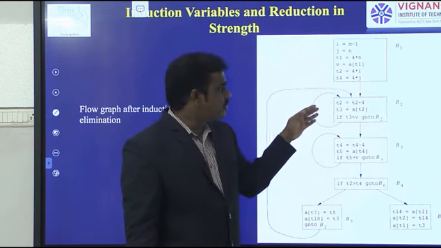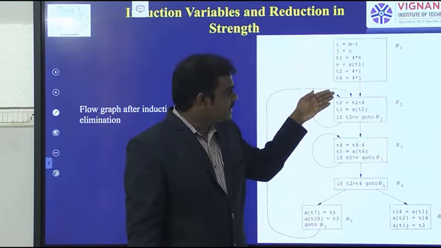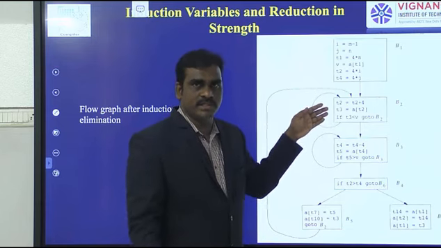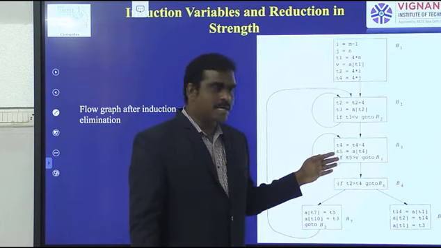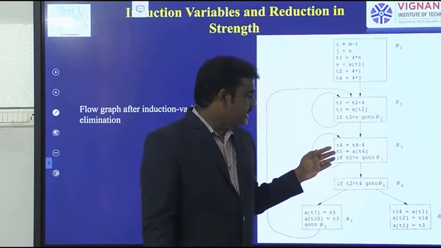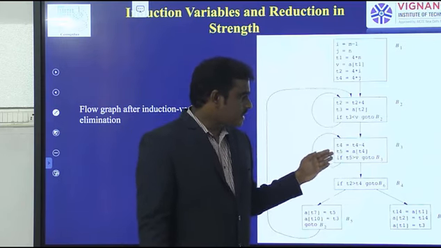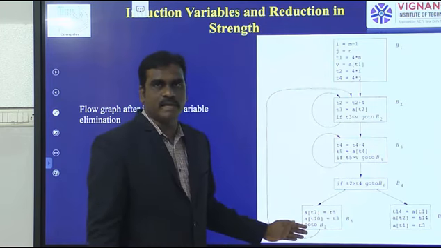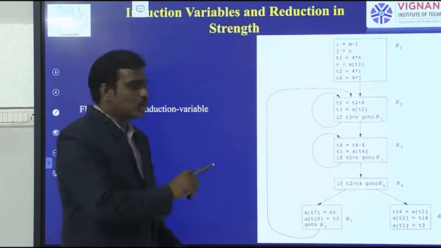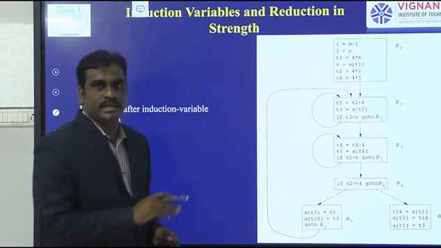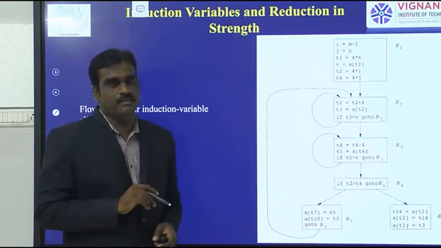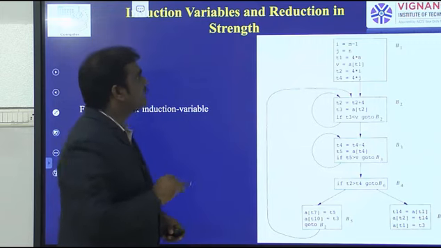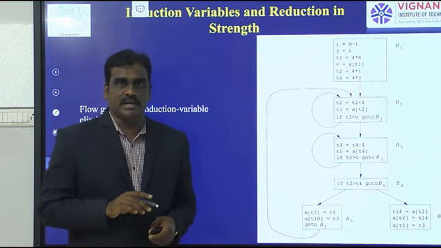Every time the loop is executed, the values of these 3 statements change. In B3, each and every time these 3 values change. In the same way, B5's 3 values change. There is no loop invariant computation. That's why there is no code motion here. We only performed induction variables and reduction in strength.